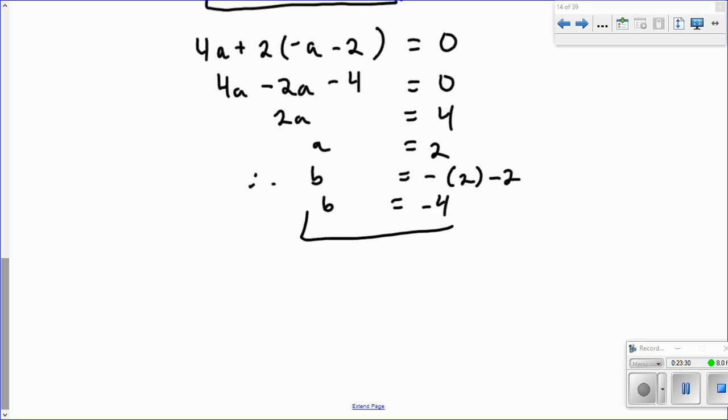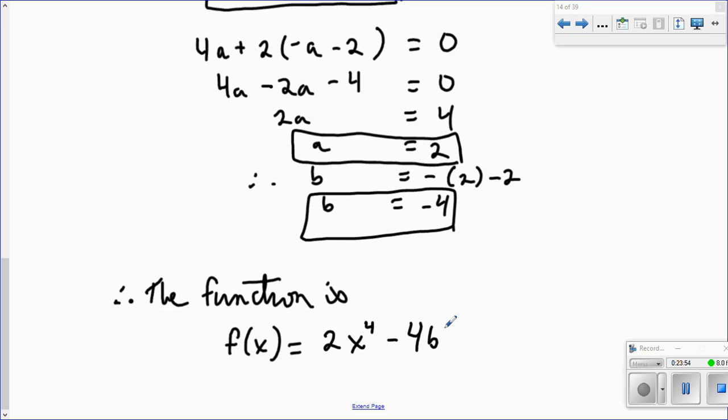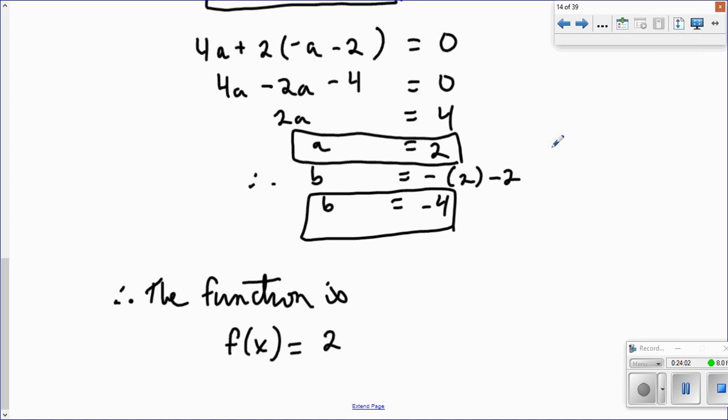Let's just all bring it together. I've got all three of my variables here, so I'm going to say the function is 2x to the power of 4, and then minus 4x squared.